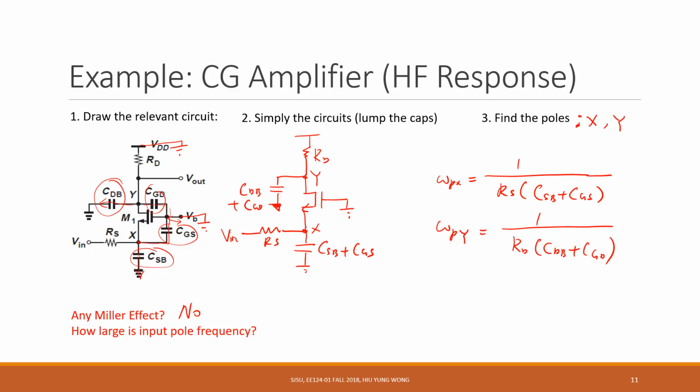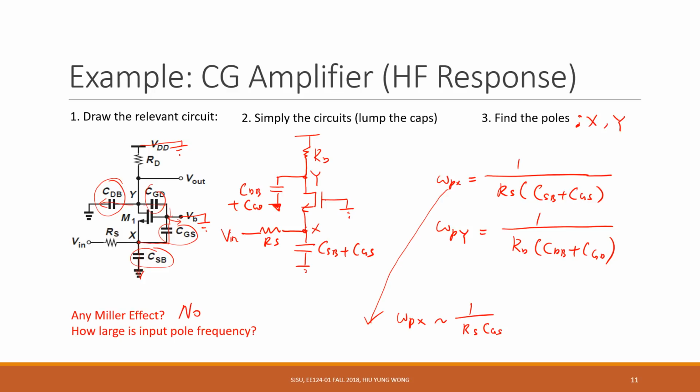Okay? Another interesting thing is this one. Omega Px is 1 over Rs times (CSB plus CGS). This is almost equal to 1 over Rs times CGS. Right? And at this stage, you see that I make a very big mistake.